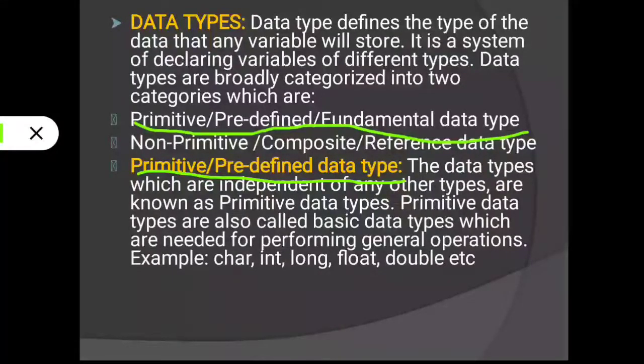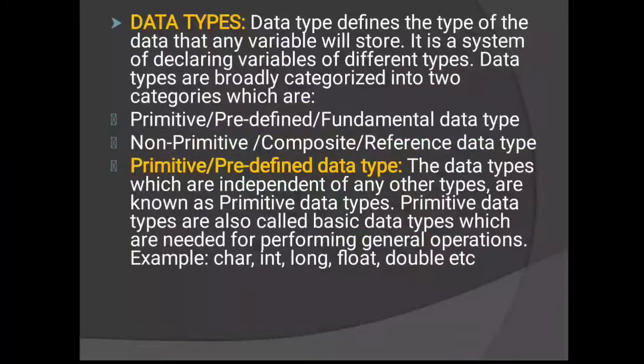Primitive data types are also called basic data types, which are needed for performing general operations or general declarations. To declare a variable we need a primitive data type. For example, char, int, long, float, double, byte, short, etc. Those are all primitive data types.